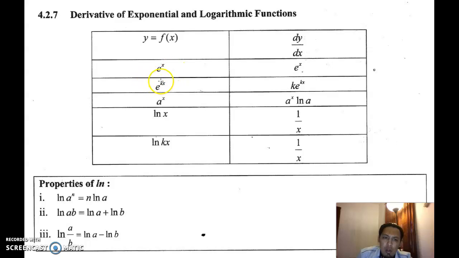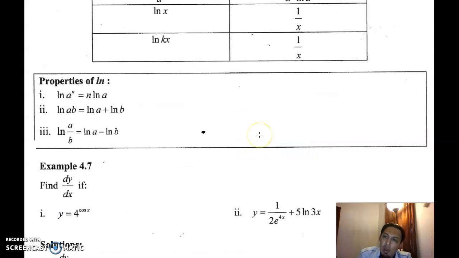If you have a constant, you will need to put the constant in front. And for a to the x, where a stands for a constant, the derivative is a to the x ln a. And for ln x and ln kx, it will give you 1 over x as the derivative.